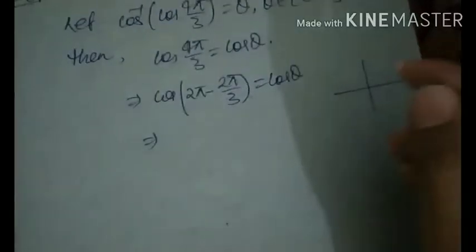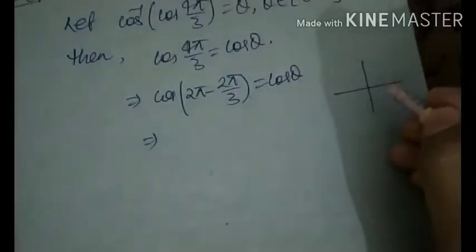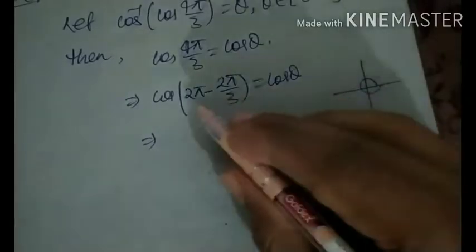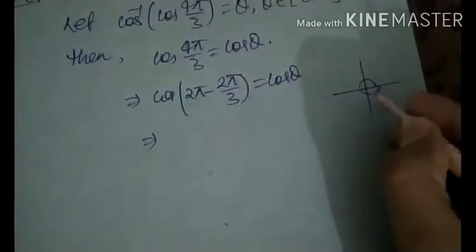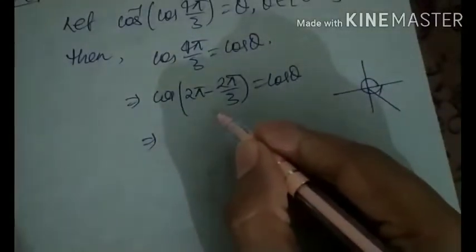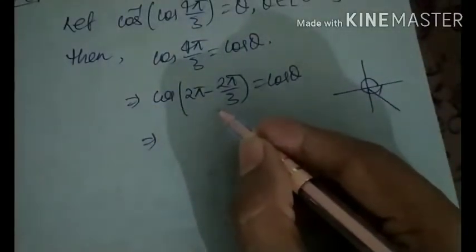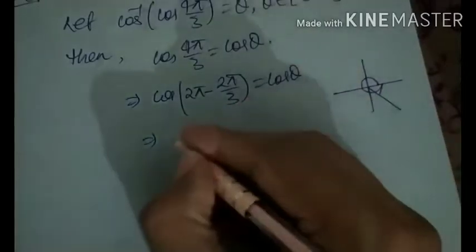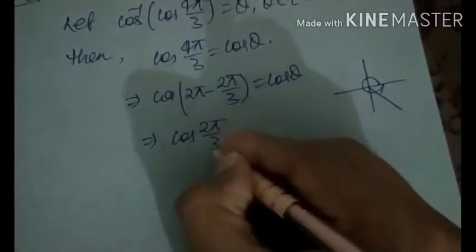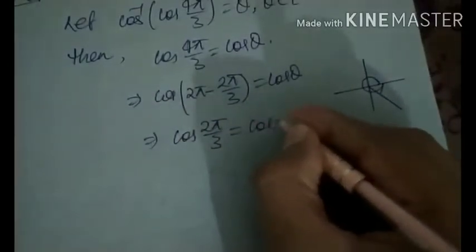This is pi, this is 2 pi, 2 pi minus 2 pi by 3. It will lie in the fourth quadrant, that's why cos will be positive. So cos 2 pi by 3 is equals to cos theta.